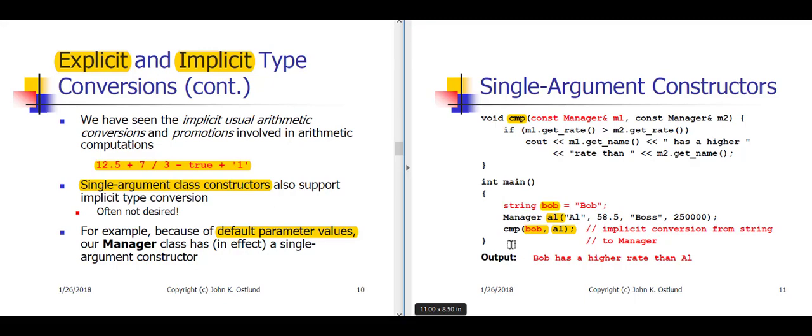All right, so the default rate for Bob, for this magically created manager object called Bob, is $70, and so we get a message out on our screen that Bob has a higher rate than Al, because 70 is greater than 58.5. So we may have intended this to work this way, but more than likely it's an error.